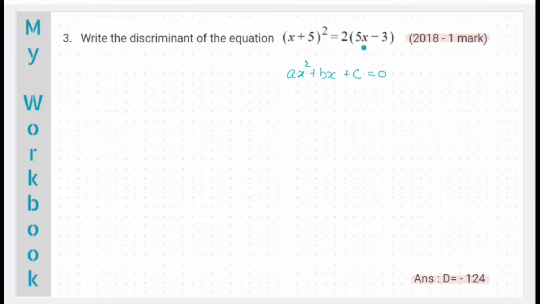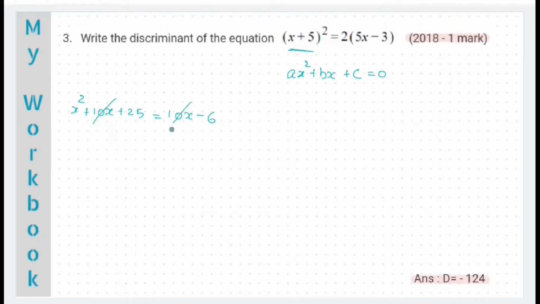So we need to first arrange the terms in this generic format. So let's expand x plus 5 the whole square. X square plus 10x plus 25 is equal to 10x minus 6.